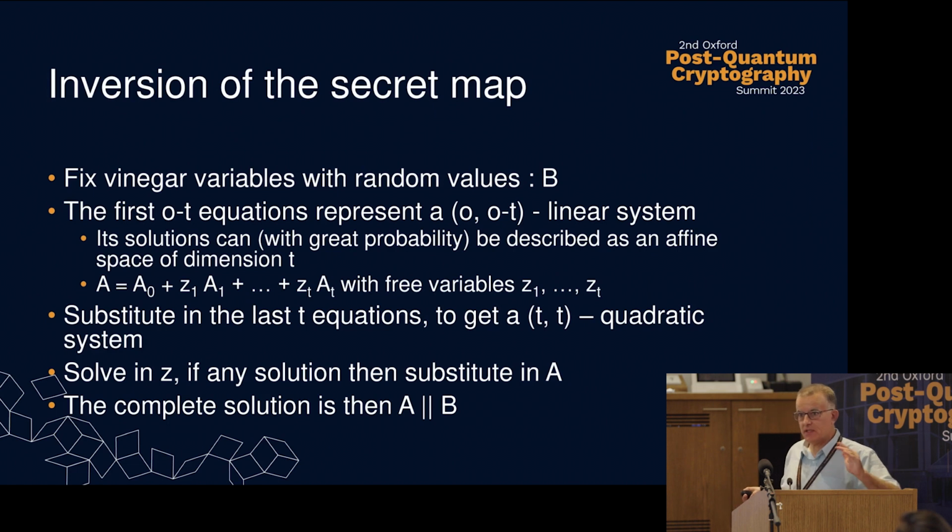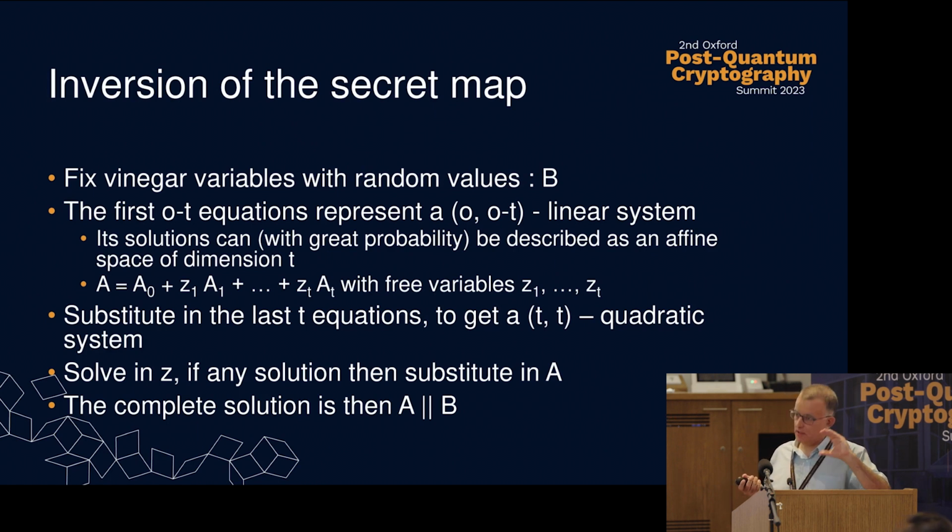The first step, like with UOV, is just fixing the vinegar variables with a random value that for this talk we call B. Then, when instantiating the vinegar variables with this random value, instead of getting a completely linear system, you get a system that can split into two parts.